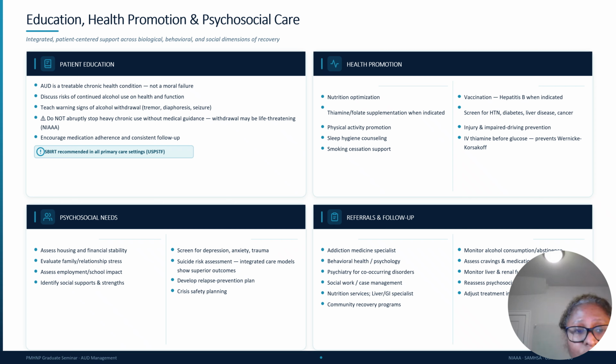Also assessing suicide risk is important as well, and developing relapse prevention plans and crisis safety plans. And then also making sure that referrals and follow-ups are available.